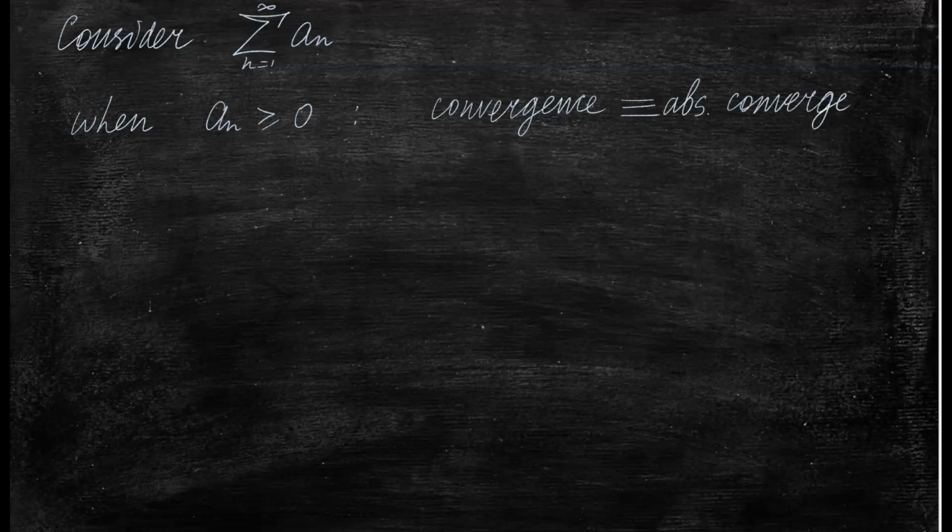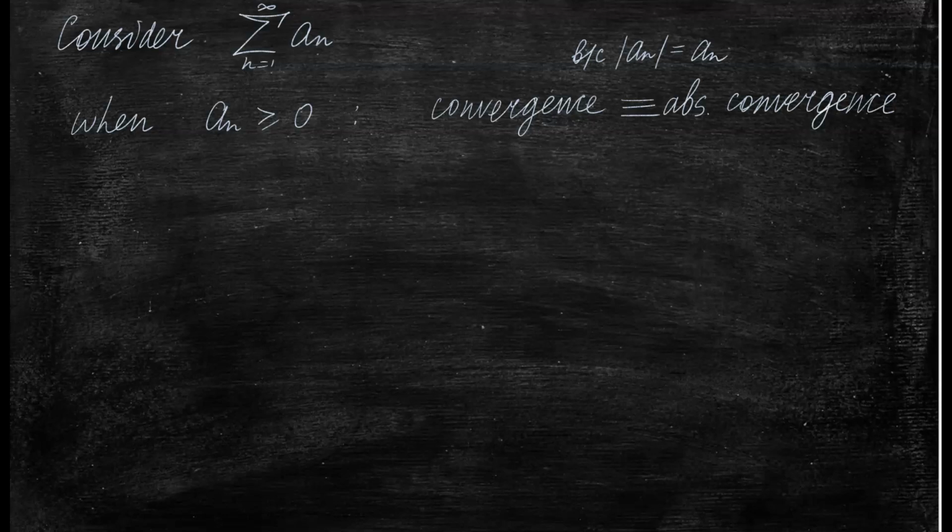So if the series converges, it converges absolutely, and vice versa. If it converges absolutely, it converges. And the reason for that is because when the terms are positive, this is true.